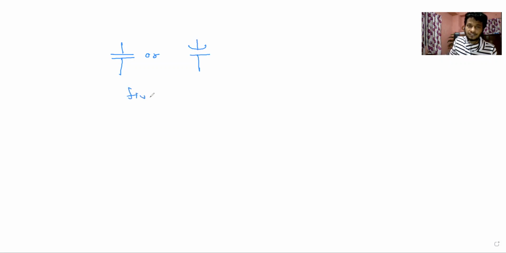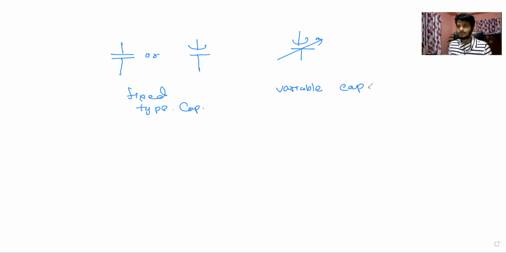Fine, this is the symbol used for a fixed type capacitor. And this is the symbol used for a variable capacitor.